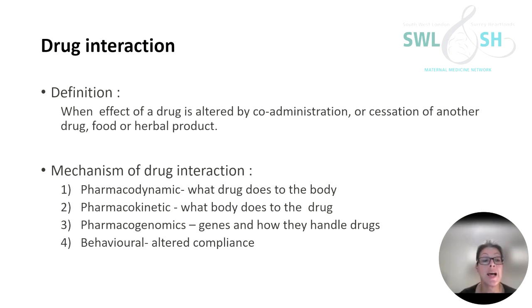This results from the way the drugs work in the body, or the way our body handles drugs. It also involves the genes that each of us as individuals have as variants, and may have an impact on the way we metabolize or handle drugs. As well as all of those, it has something to do with our behavior, so our altered compliance with taking medication, or indeed not taking medication.